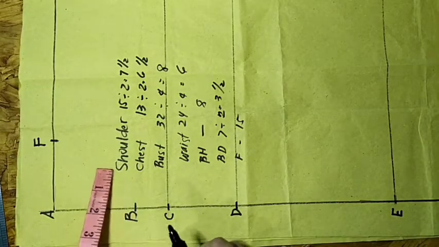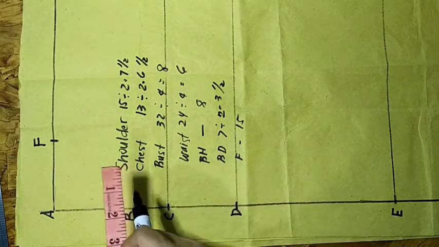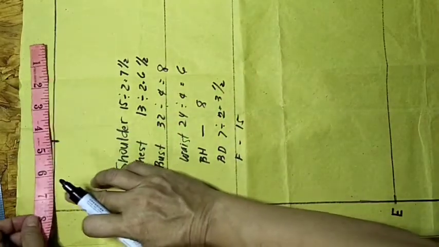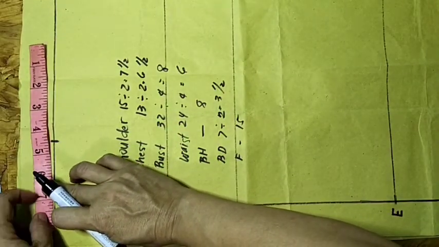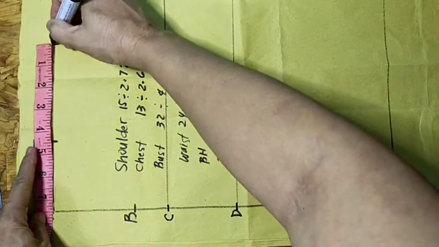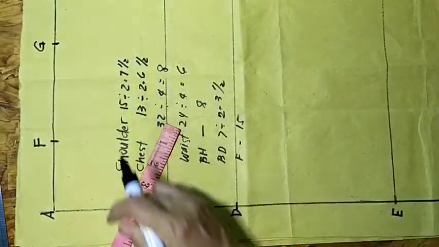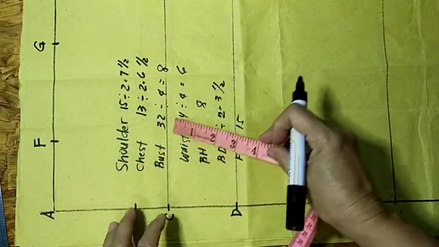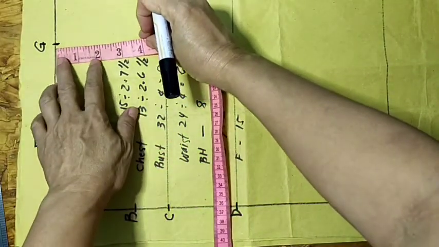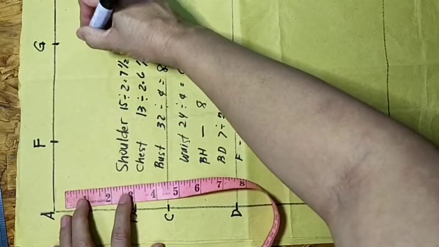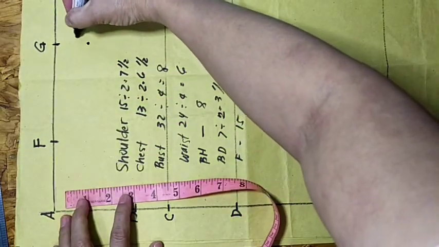Next, from A going to G, 1/2 of the shoulder, which is 7 1/2, and this is point G. Next, from G downward, get 1 1/2 inches to get your letter H.